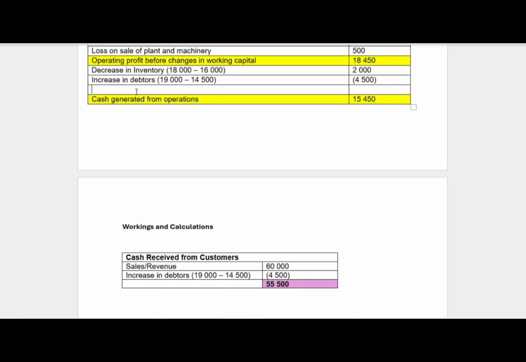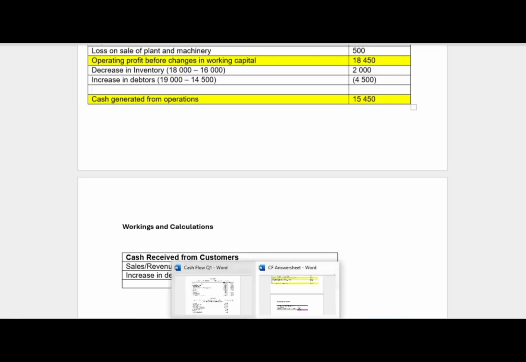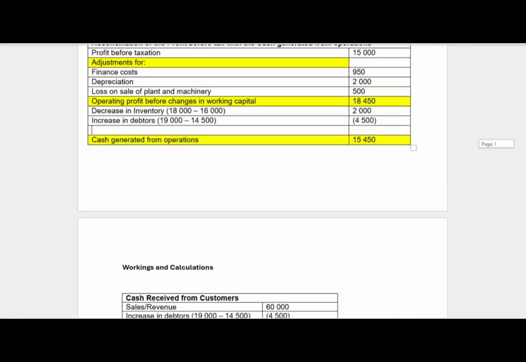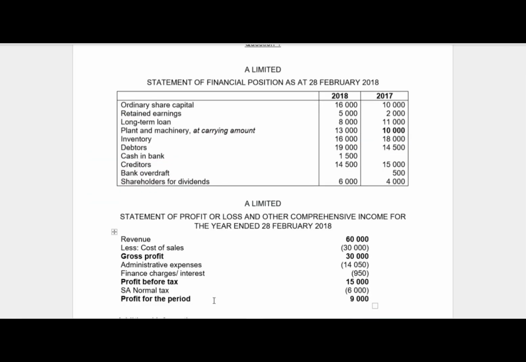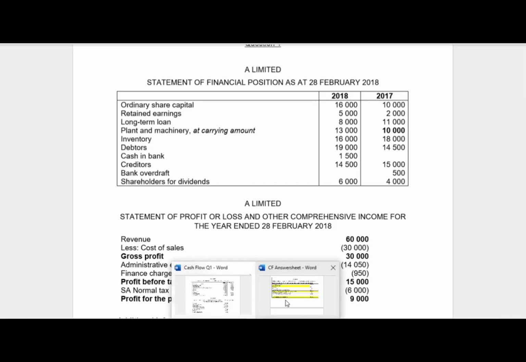Then we go and check our creditors. If you check our creditors, let's go and check in our information, or in our question paper. There's a decrease from 15,000 to 14,500. A decrease in creditors is an outflow. It means, remember, creditors are liabilities, are people that you are owing. So if they decrease, it means you paid them. Therefore, cash outflow, money out.